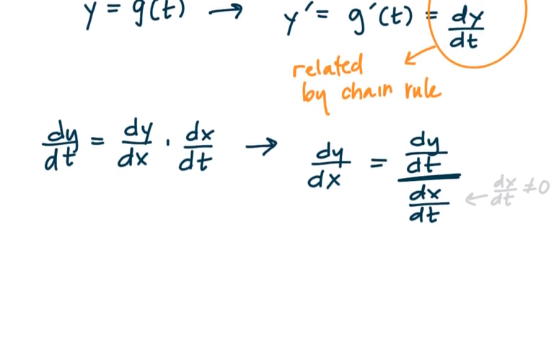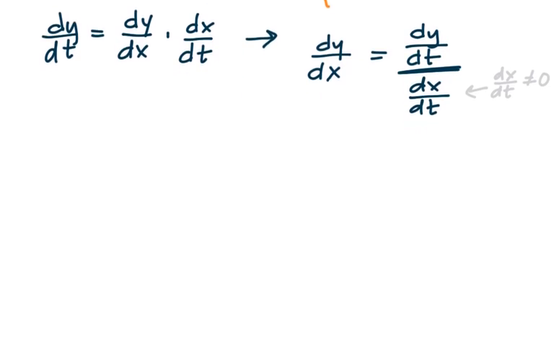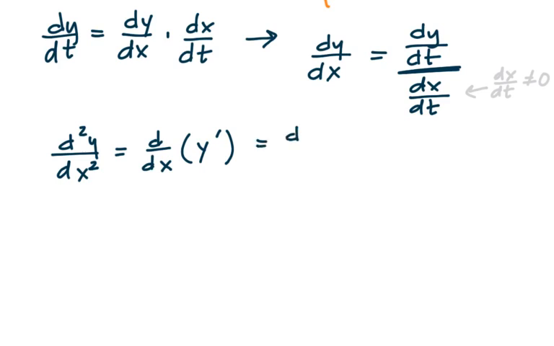So the same type of rule applies to a second derivative, and d2y/dx2. Well, that means you're taking the derivative with respect to x of y prime, which will equal d(dy/dt) over dt, over dx/dt.